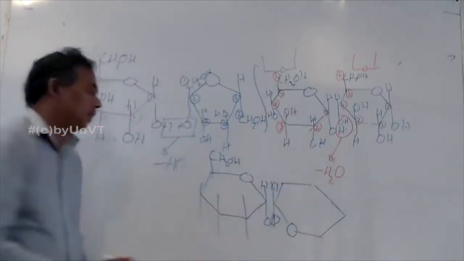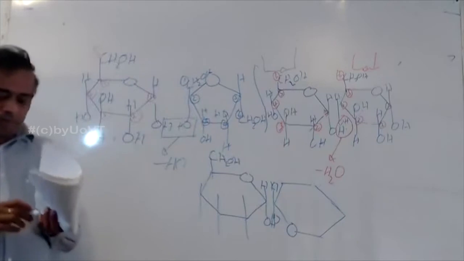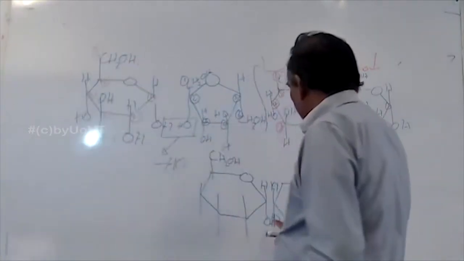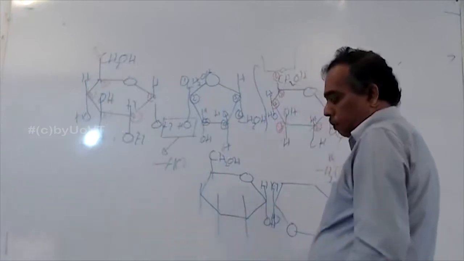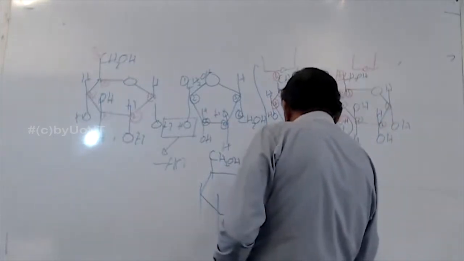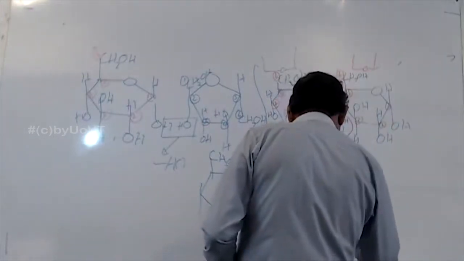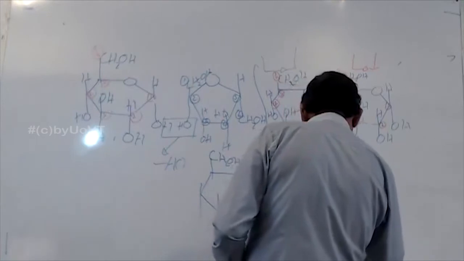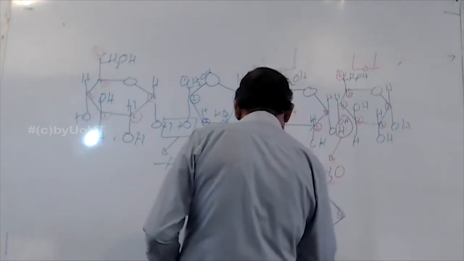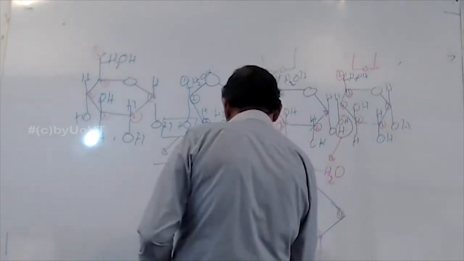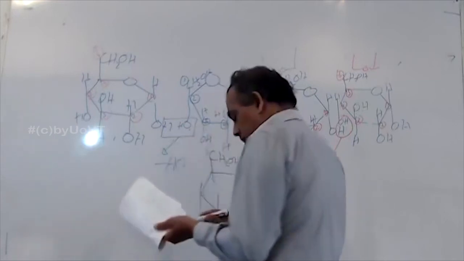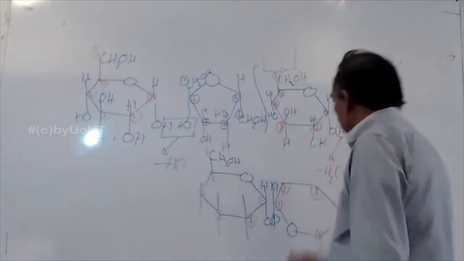Because these two carbons are important in the formation of the bond. When considering the glycosidic linkage, these two carbons are important. This is number 1, 2, 3, 4, 5, 6, and 1, 2, 3, 4, 5, 6. Now, what is the difference between these two?